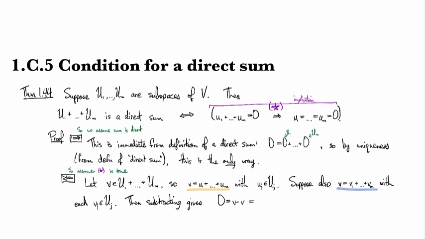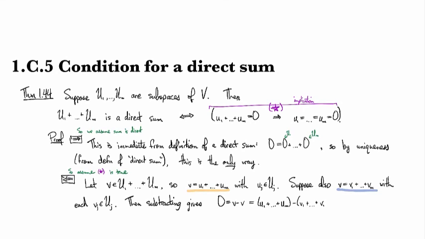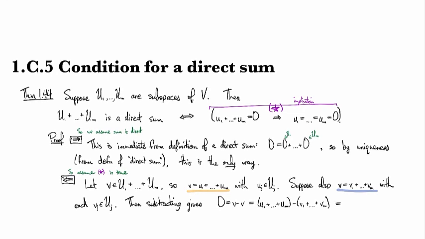On the right-hand side, we have U1 added up through UM minus V1 added up through VM. And I can rearrange this using associativity and commutativity and whatnot to get U1 minus V1 added up through UM minus VM.